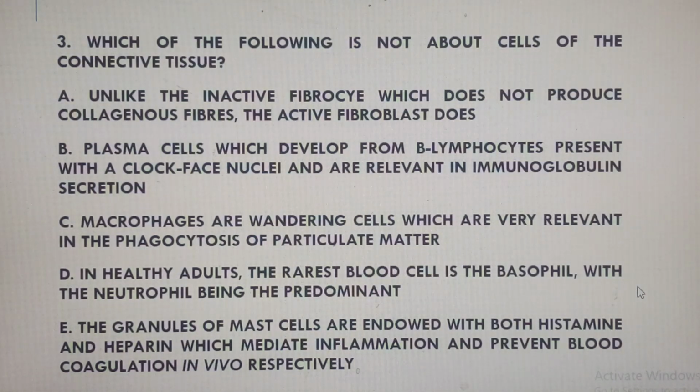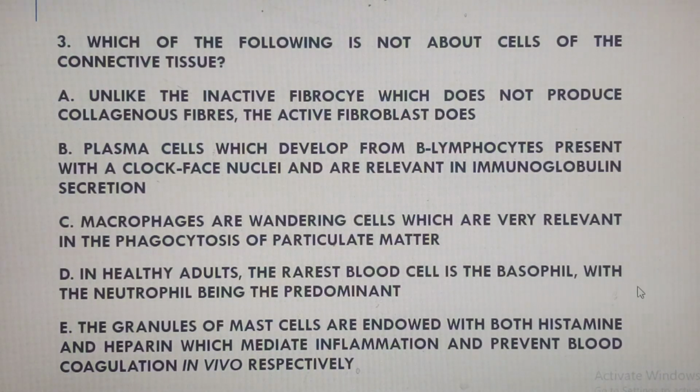Now, option D says in healthy adults, the rarest blood cell is the basophil, with the neutrophil being the predominant type. Yes, that's a very true statement. In healthy individuals, that's adults, let's say 15 years and above, we expect the mnemonic: never let monkeys eat bananas. N for neutrophil, L for lymphocytes, so that's the order.